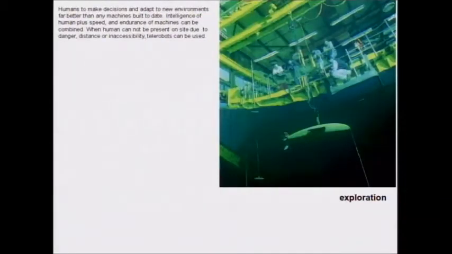Let's move from this healthcare to exploration, subsea exploration, space exploration, and they all have a certain characteristic. The environment is hazardous. The environment may not be good for the human to operate there, but robots can produce far better results.